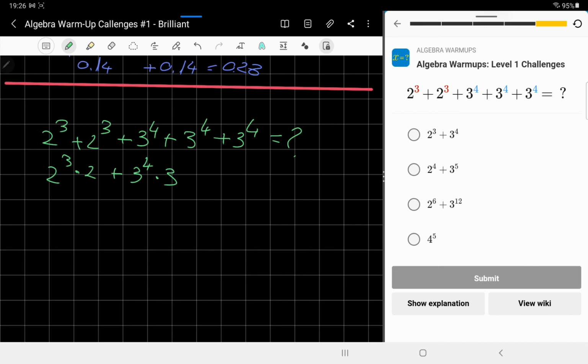We don't even have to apply any gimmicks. This is 8 times 2, 16, plus 3 to the power of 4 is 81 times 3. Equal to what? 16 plus 243 is equal to 259.